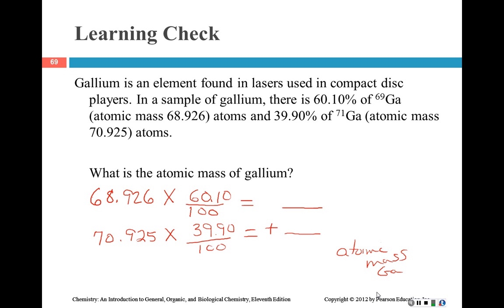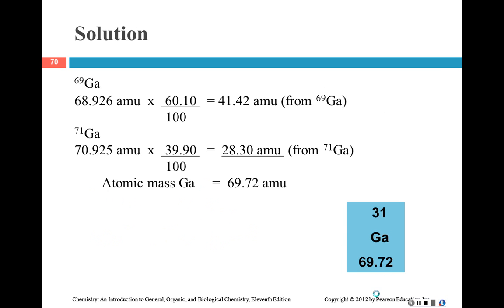All right, and if you do that math, let's see what you get. Well, according to the book, you should get 69.72 AMUs, which is what you will see if you look on a periodic table for gallium. So that's how they do it. They just take the weighted average. The difference between a regular average and a weighted average is you take into account the percent prevalence or abundance.